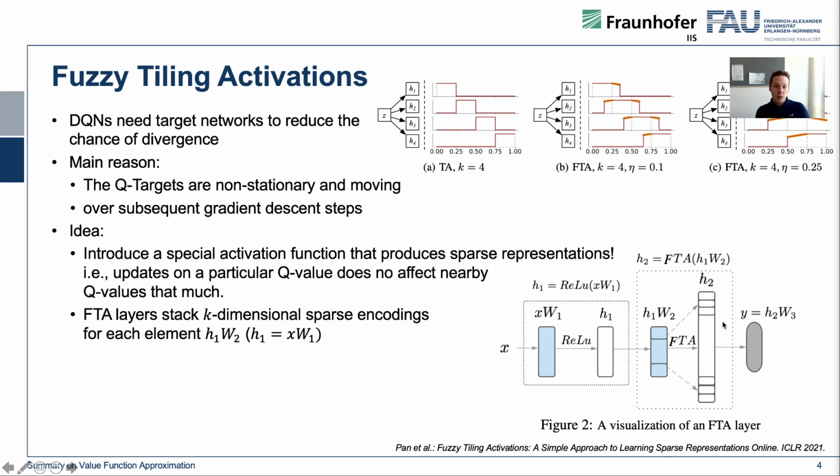What you can then assure is that an update on a certain Q value within a single network does not affect nearby Q values, so it does not affect the targets that you use to calculate your loss function. This is a very nice idea that combines tile coding from linear function approximation with the strong nonlinear activations in neural networks, and in the end you can get away without using target networks after all.